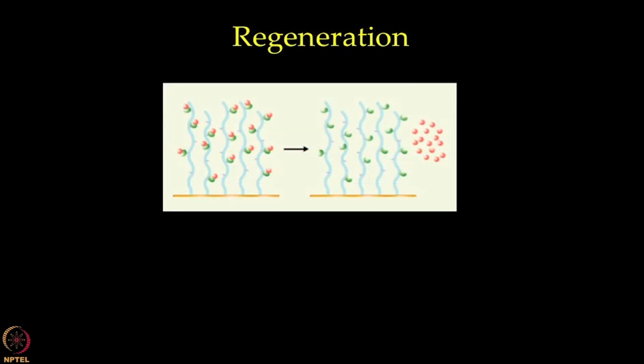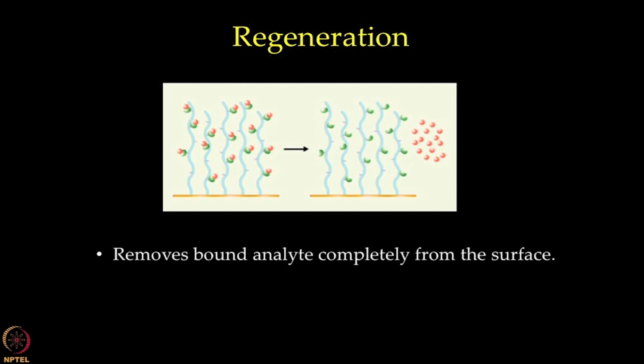Regeneration, as already discussed by Dr. Srinivas, is the process of removing bound analyte from the ligand on the sensor chip surface after analysis of a sample. Efficient regeneration, which means removing bound analyte without affecting the ligand activity, is crucial to a successful assay.